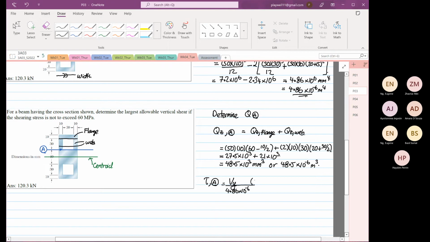Our QZ is 48.5 times 10 to the power minus 6. And then our thickness is twice, because you have left and right, and the thickness is 0.01 meters. So this will be equal to 48.5 times 10^-6 divided by 4.86 times 10^-6, divided by 2, divided by 0.01, which is equal to 498.971.